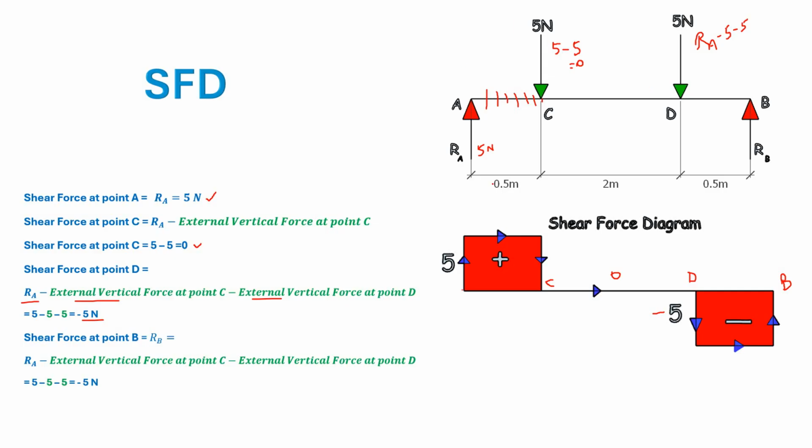For example, for the span D, wherever you make a cut to the left portion, you can see that 5 minus 5 is 0. So this line represents the 0 shear, and at this location you have minus 5 Newton, negative shear. This is positive shear, this is negative shear. So this is how you draw the shear force diagram.